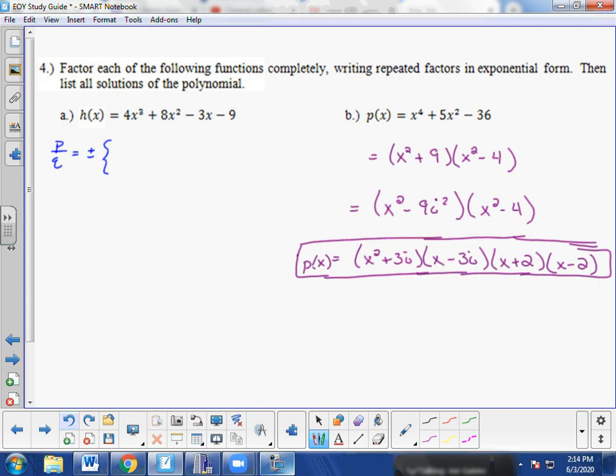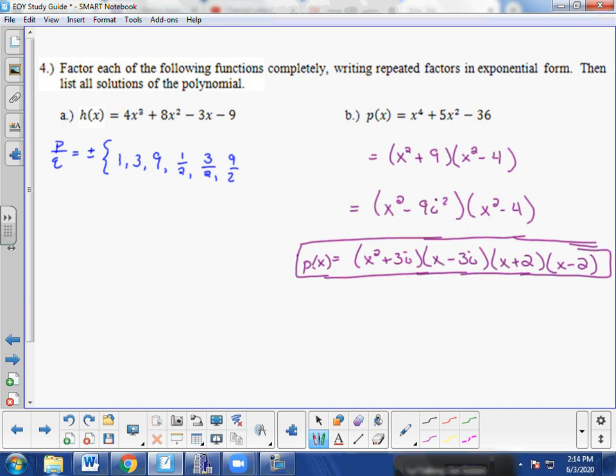So factors of 9 would be 1, 3, and 9, all over 1, because that is a factor of 4. Each of these would also be over 2: 1 half, 3 halves, and 9 halves.